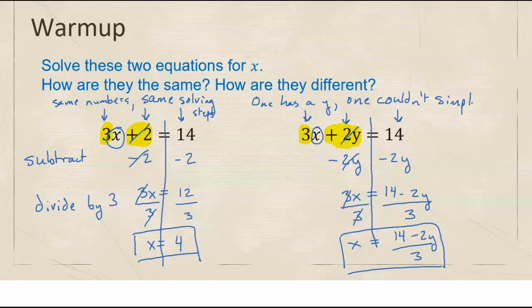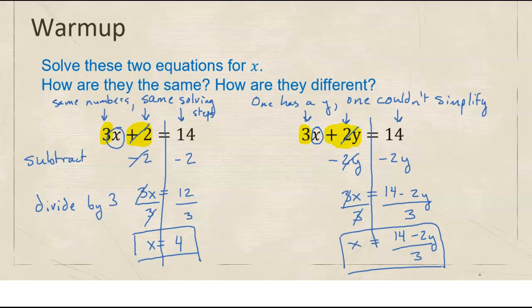We couldn't simplify it down to a single number. So we just ended up with an expression in terms of the other variable. And that's really common when you have literal equations, to get kind of a fraction or an expression that can't be simplified. It's just going to be what it is.